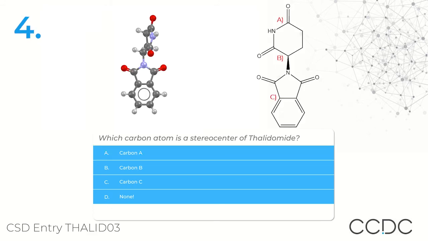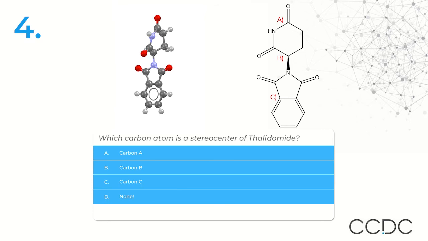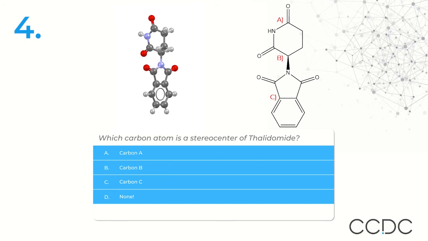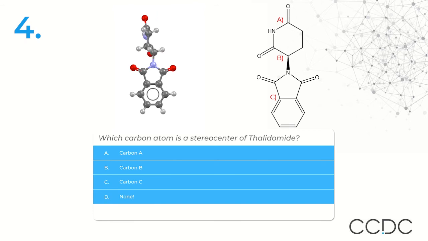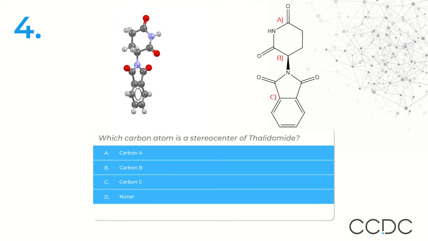Now take a look at these stereoisomers of thalidomide. Thalidomide is a drug that was prescribed to pregnant women to reduce the effects of morning sickness in the 1960s. The drug was sold as a mixture of the 2 stereoisomers, only one of which had the desired effect against morning sickness, while the other led to many disabilities and deaths in babies. This shows just how important it is that we can correctly distinguish the isomers of chiral compounds.